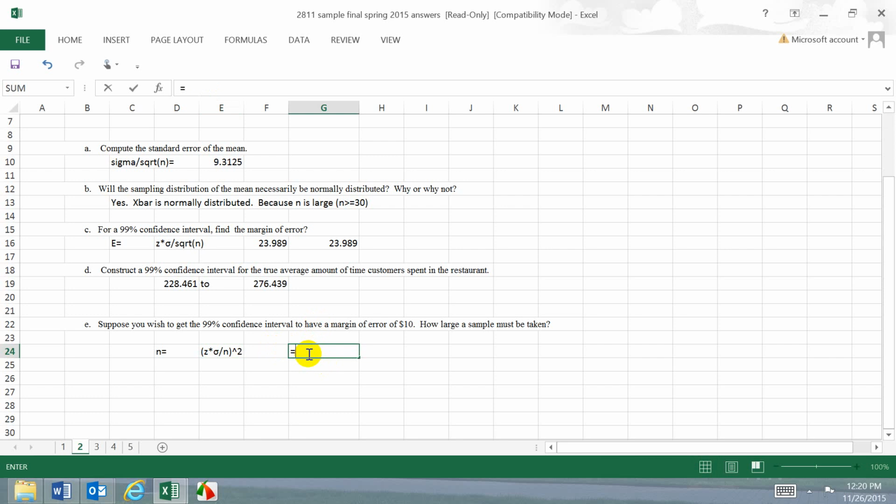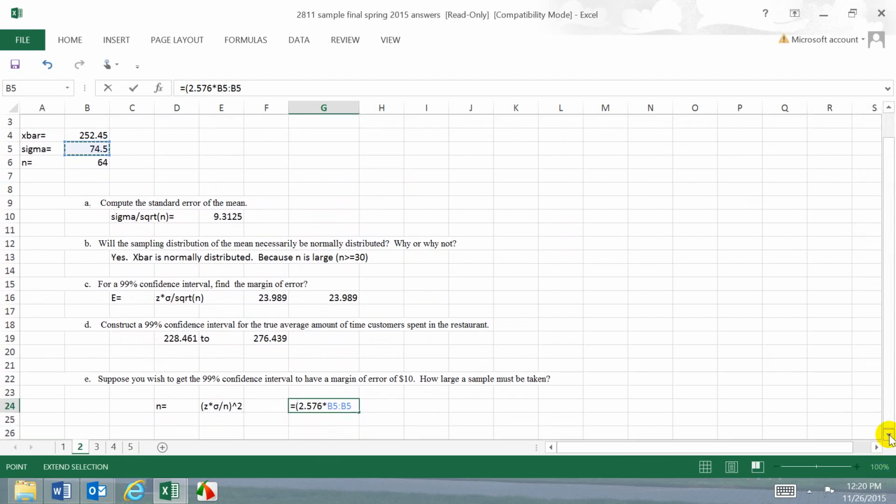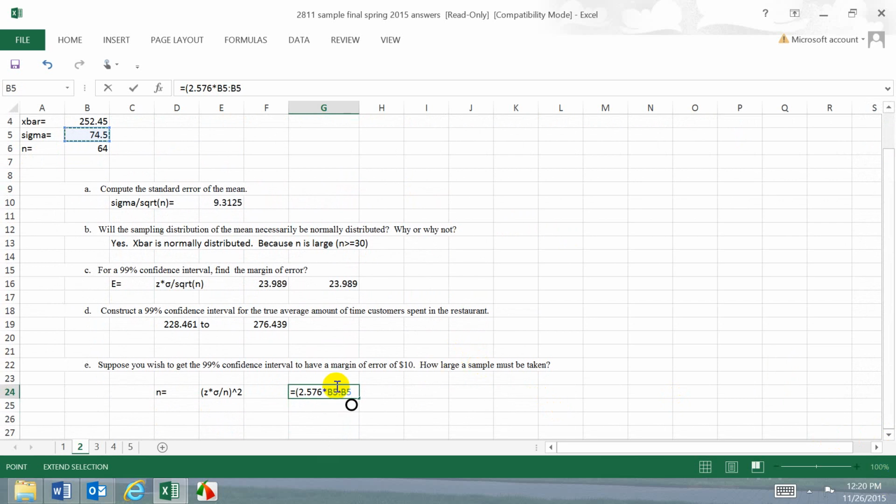Again, since we're still looking for the 99% confidence interval, that's 2.576 times sigma, which is 74.5, over e squared. We'll fix that in a second. The e is 10, squared. So there's our answer, 368.